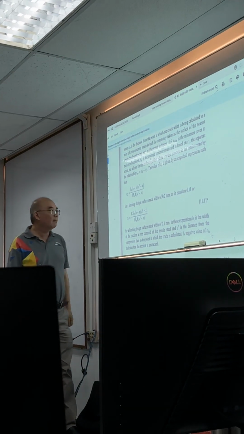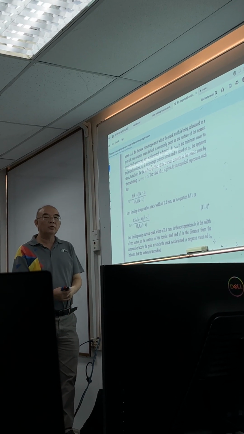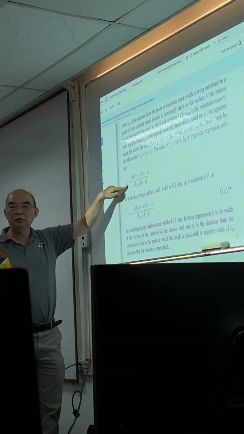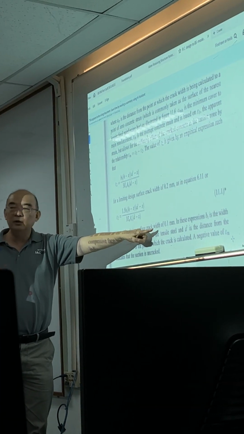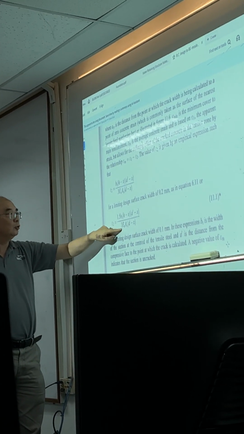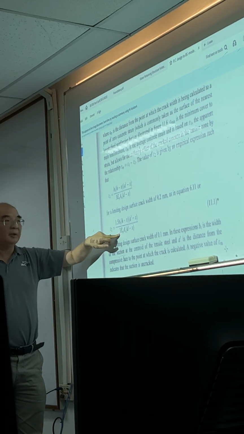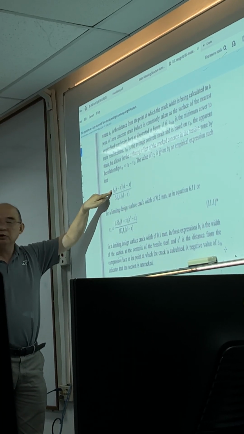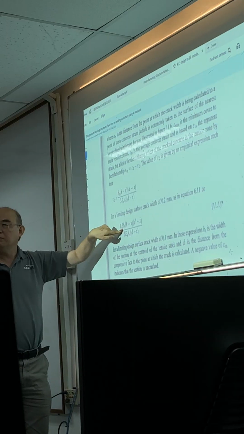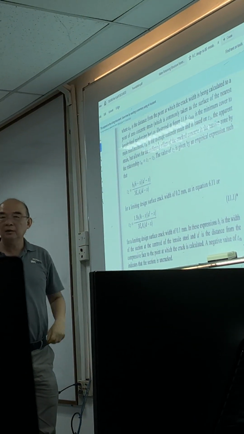So if you want to control to 0.2, you use this one; if you want to control to 0.1, you use this one. They are basically the same, except that the coefficient here is 1, here is 1.5.